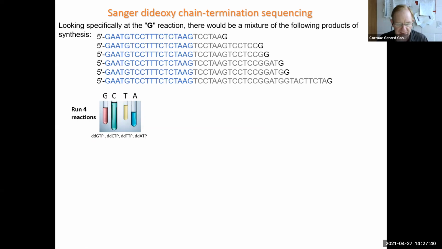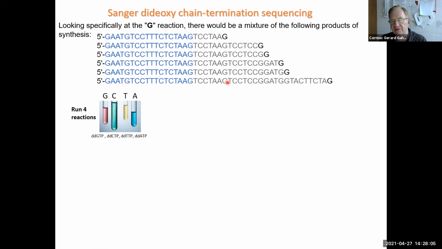And so if we take the reaction for G here, well, the chain terminator for G is added at very low amounts. So some of the copies will give you this big long copy here, where there's just one chain terminator added right at the end, which stops the reaction. You're also going to get all of these other products in this mixture.